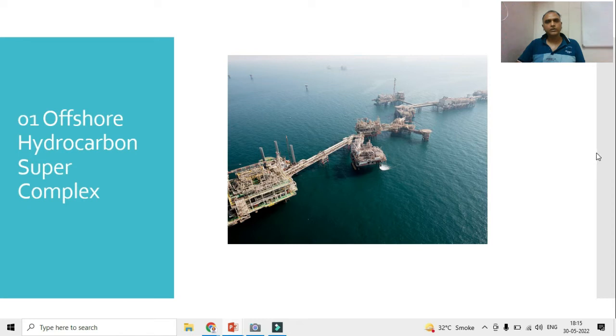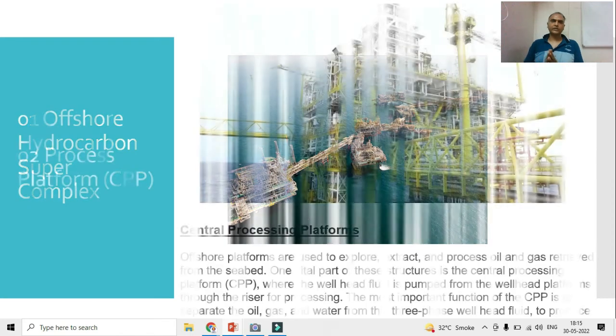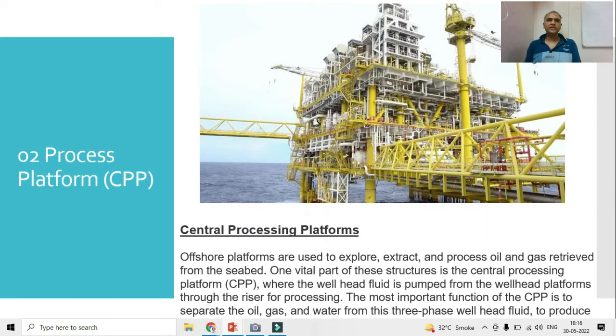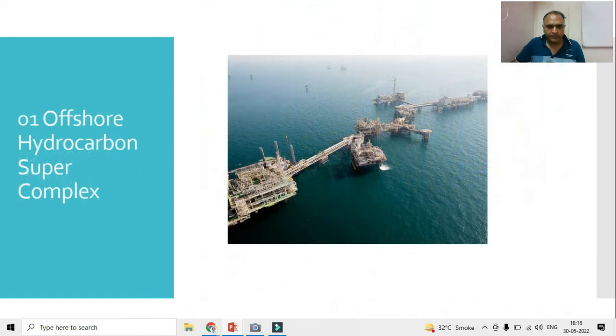Now we will see this. This is called CPP, the Central Processing Platform. I will show you here. I think this is that CPP. It is very complex, and its size is also big because so many process facilities are installed on it.